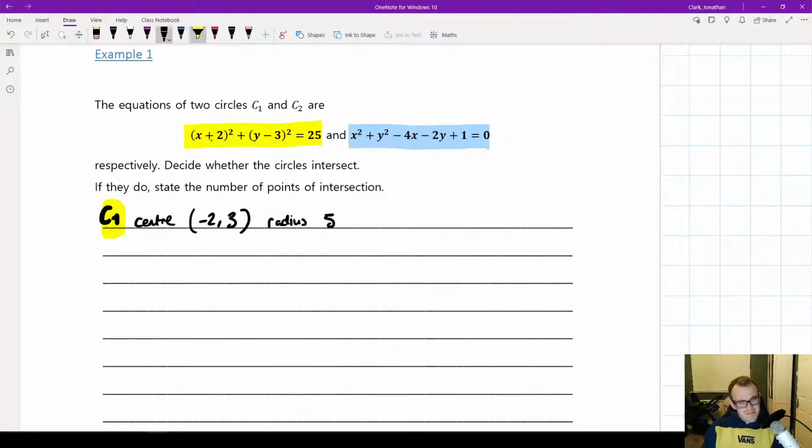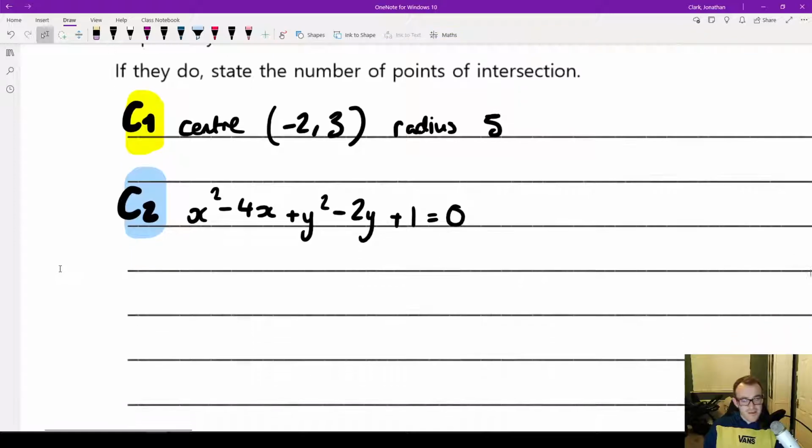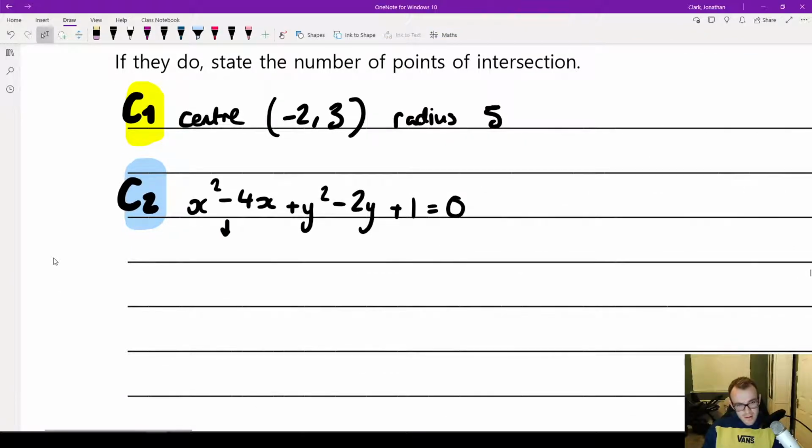This other one, I'm going to have to complete the square and all the rest to work this one out. So I'm going to rewrite it like so. I'm going to complete the square for the x values. It's going to be (x - 2) squared, take away the square. The y values is going to be (y - 1) squared.